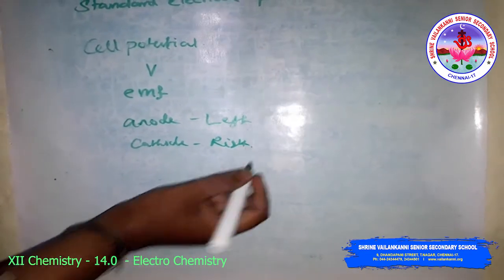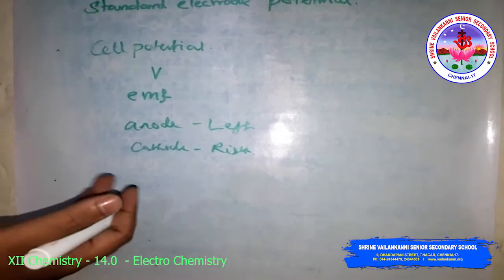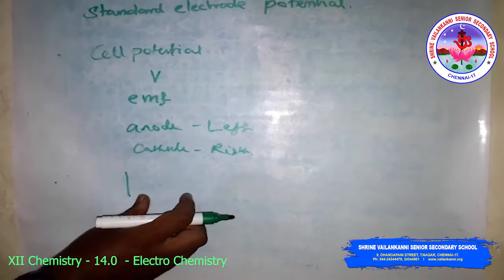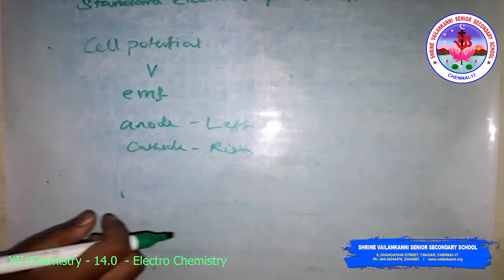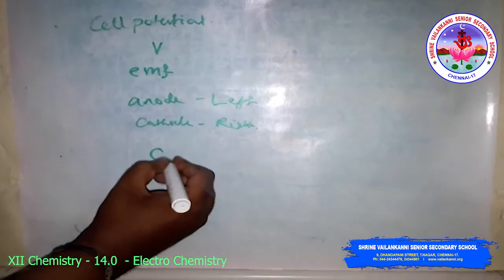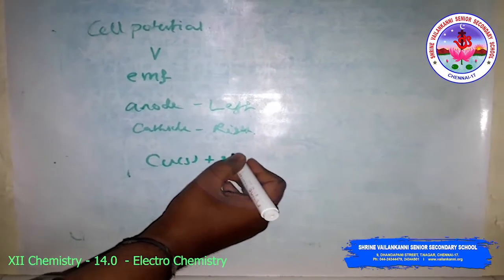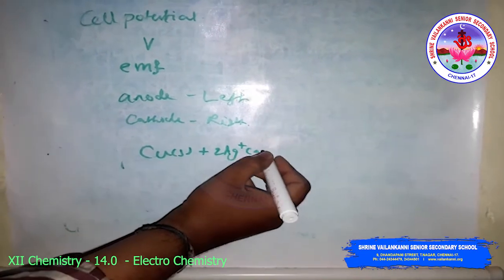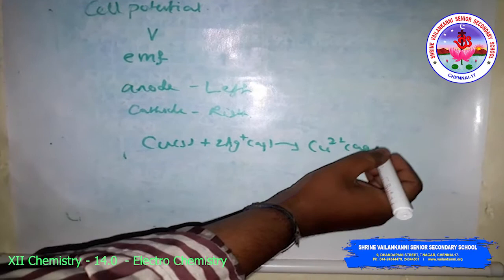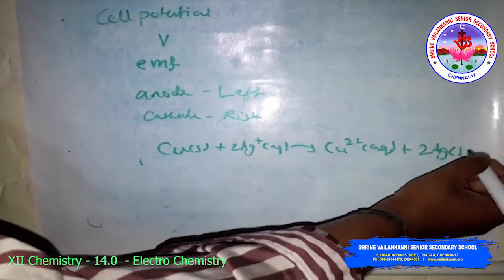A galvanic cell is generally represented by putting vertical lines. For example, the copper and silver reaction: Cu solid plus 2 Ag plus aqueous gives Cu2 plus aqueous plus 2 Ag solid.